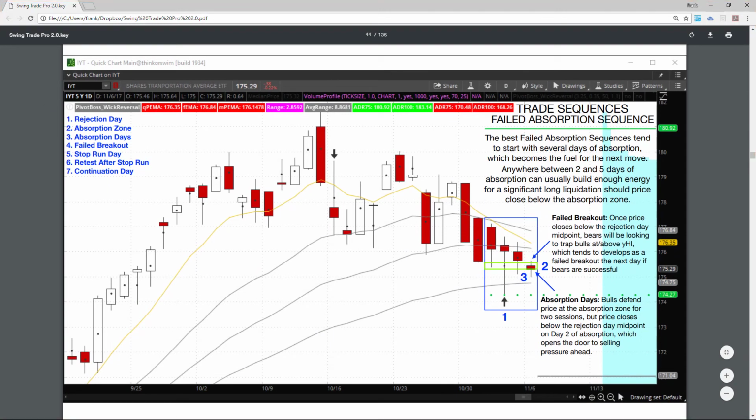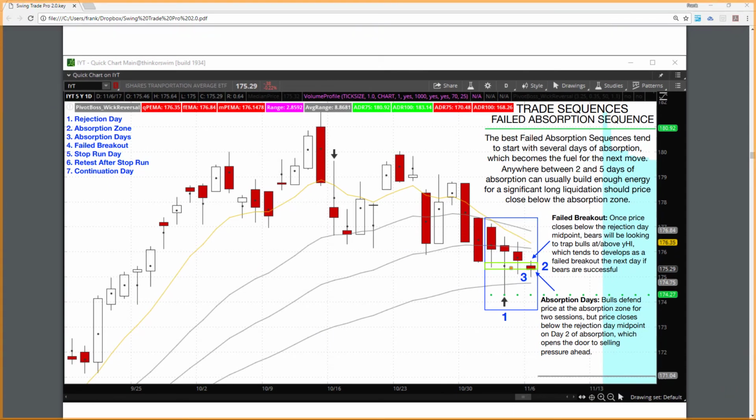If we move to the next slide here, you'll see the next day, price opens here, rallies a little bit, makes a lower high, and then drops into the midpoint and closes a little bit above it. So again, a down day, where price opens here and drops, but still holds the midpoint.